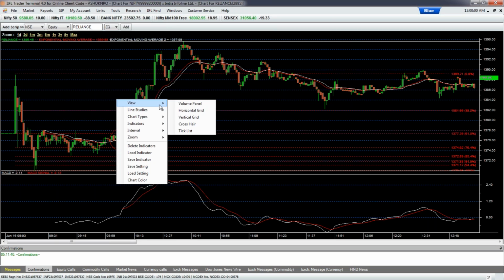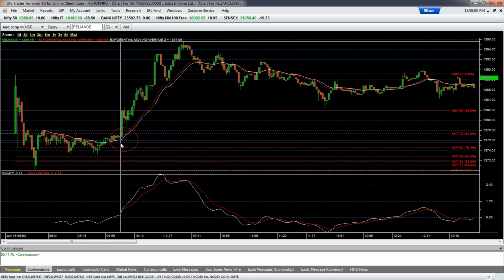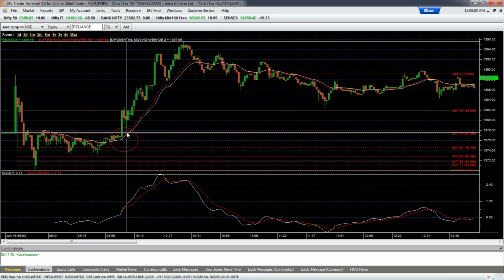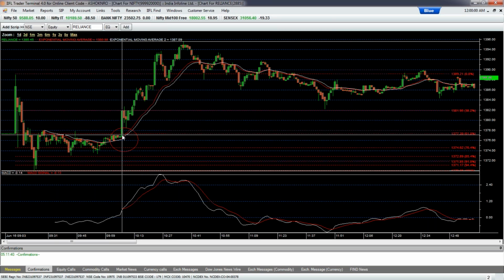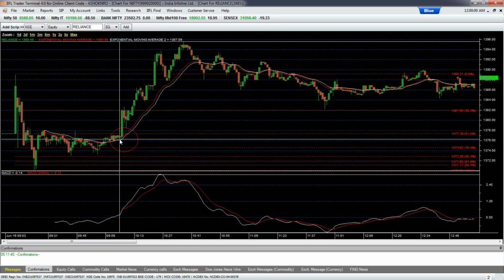And if you want the crosshair, I will open the crosshair. Okay, I want you to check. This is the place where I want you to verify that it is a clear buy. Okay, why is it a clear buy?